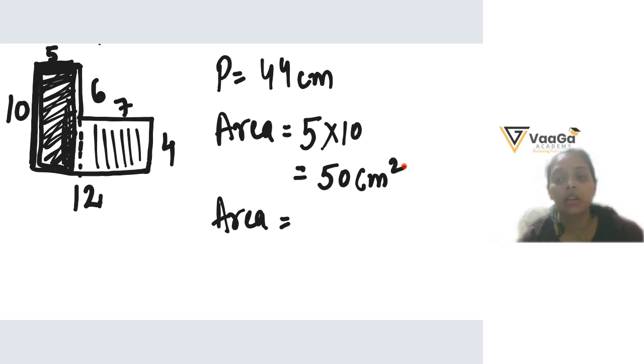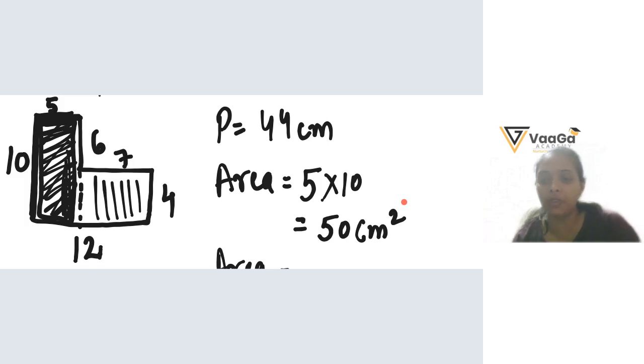If we were multiplying 3 sides, we would have centimeter cube. Did you get it?